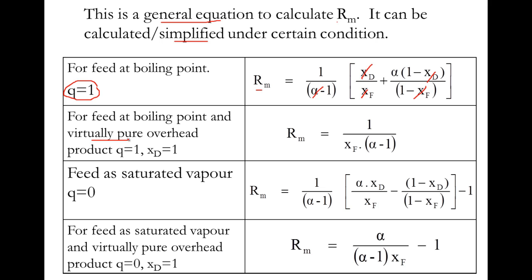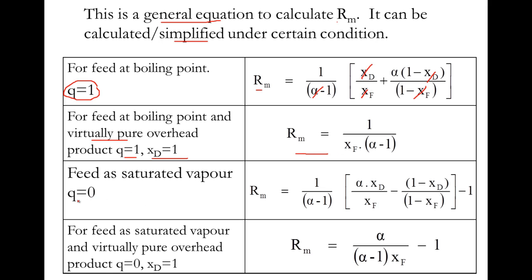Virtually pure overhead product means our top product is going to be 100% pure. Practically it is not going to be so, but if it is virtually pure, then xD can be written as 1. So here q equals 1 and xD equals 1, and as a result we get a much more simplified equation.